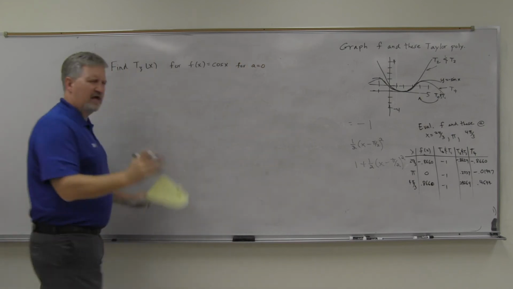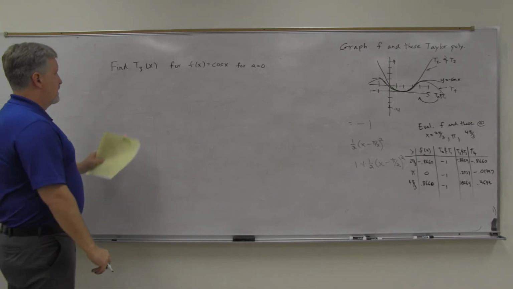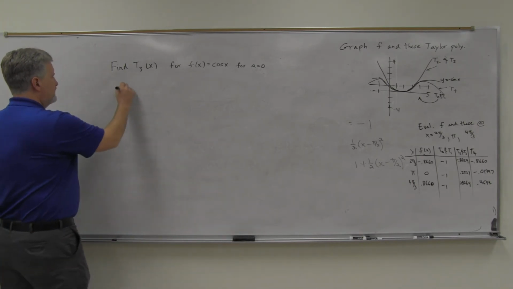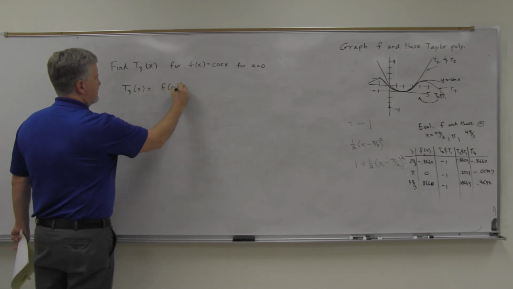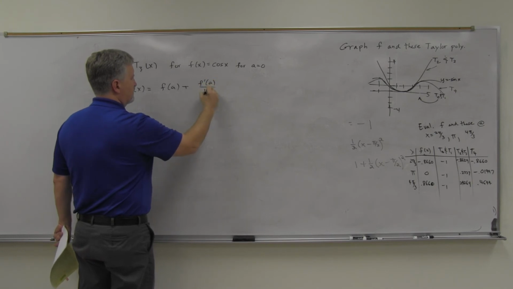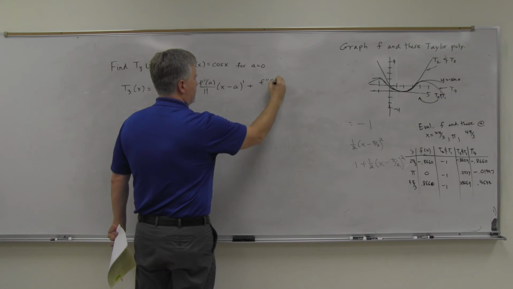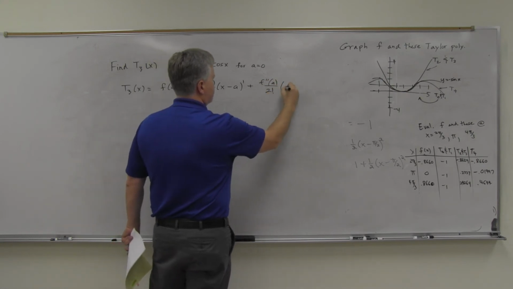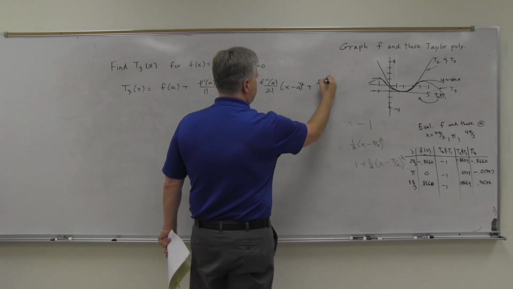It's just kind of a technicality, but I think it might pop up on the homework. Well, T3(x) will be f of a, then the first term, f prime of a, over 1 factorial times x minus a to the first, second derivative at a, over 2 factorial times x minus a squared, and so on.